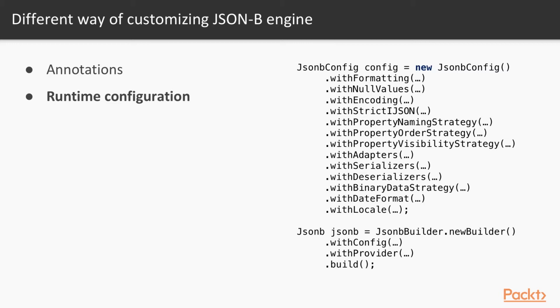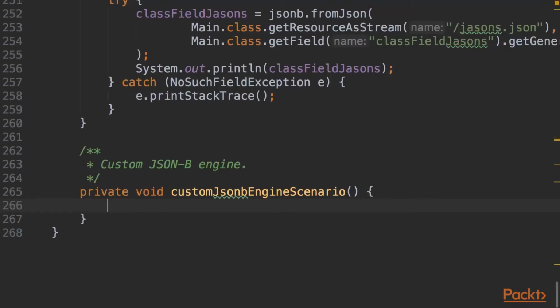So we'll create the default engine first. I'll call it default engine. It's created the usual way, JSON-B builder create. In order to create the customized engine, first I have to create a JSON-B config. It's created as new JSON-B config.